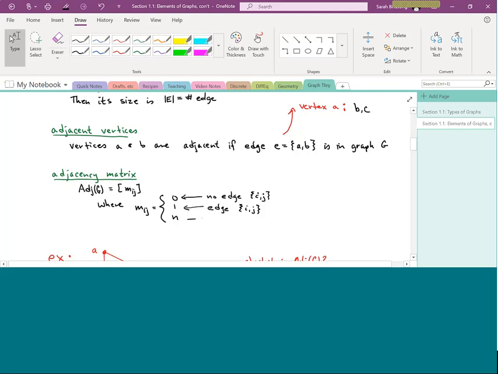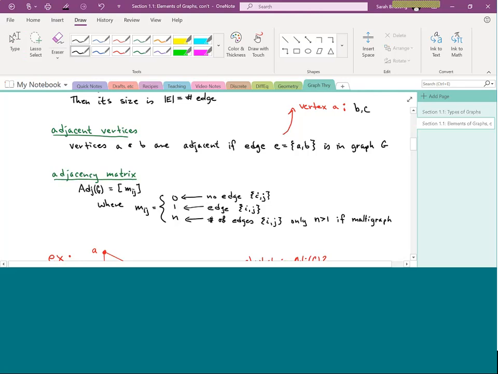Now, n. We talked about when n would happen. So this only occurs, so this is the number of edges going from vertex I to j, and this only is bigger than 1 if you're in a multigraph.